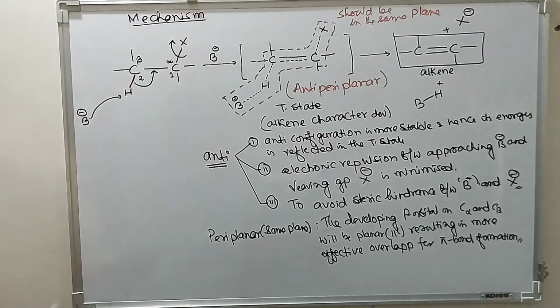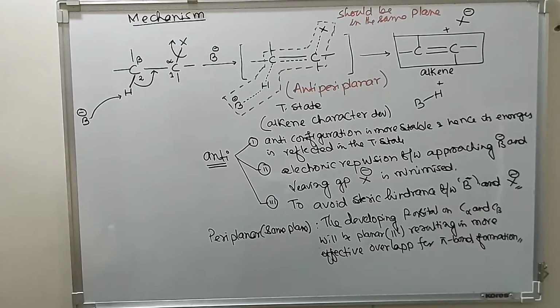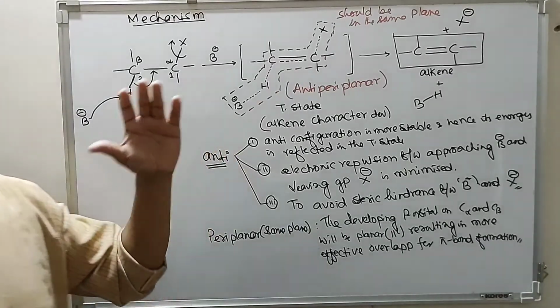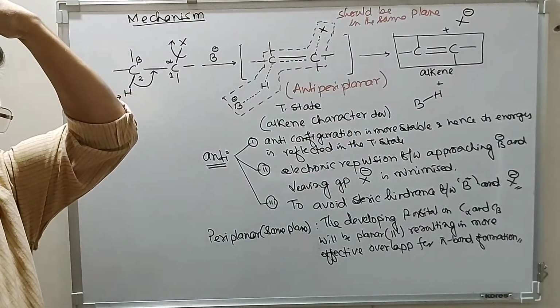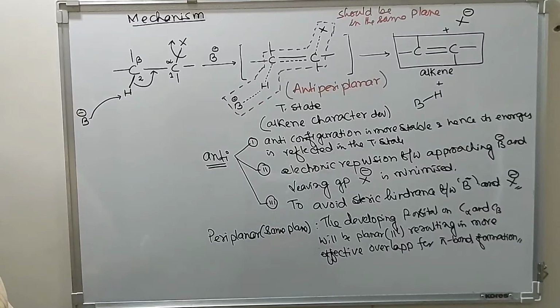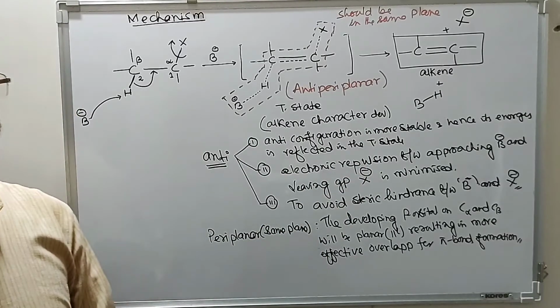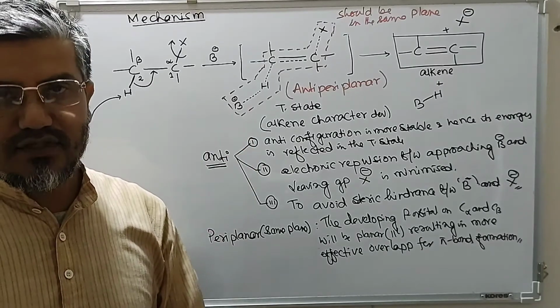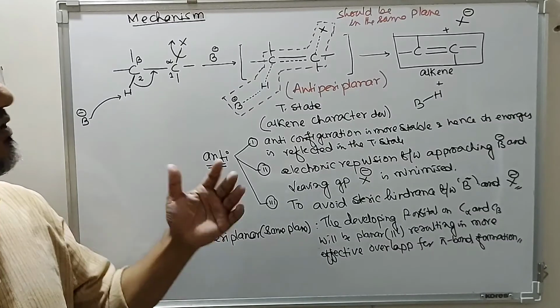Now some other factors that I have discussed for this E2 mechanism is the reaction rate, the rate of reaction, reactivity order of alkyl halides. Now look at this. While discussing the reactivity order of alkyl halide, alkyl iodide was the most reactive and alkyl fluoride was the least reactive. Now let's see why alkyl iodides are the most reactive for this E2 part.